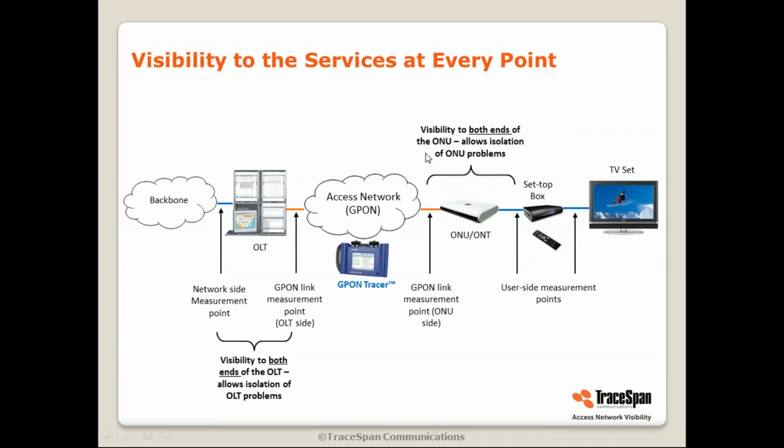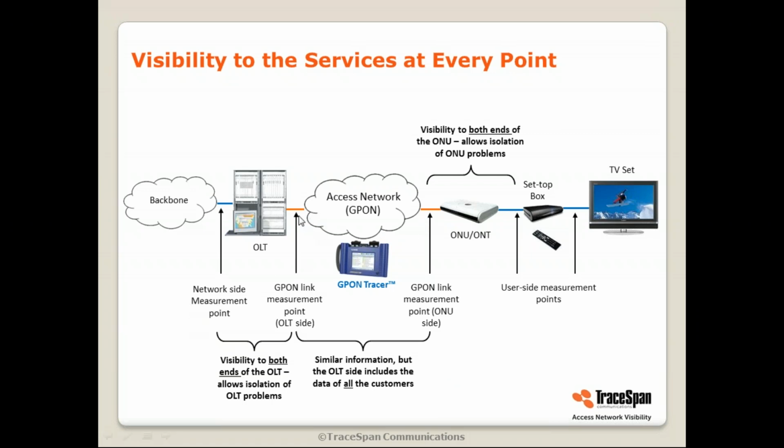In a similar way, if you have visibility to both ends of the ONU, you can isolate problems that are related to the ONU. What's also important is that if you look at these 2 points at both ends of the PON, you should actually see the same information with one significant difference.